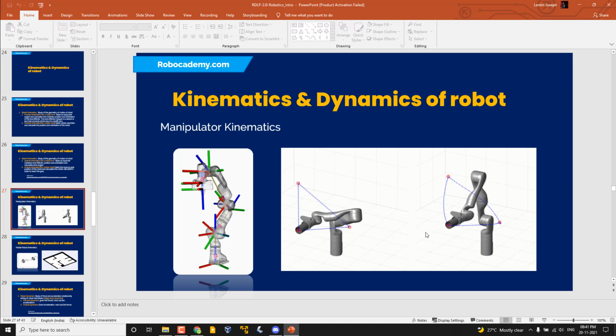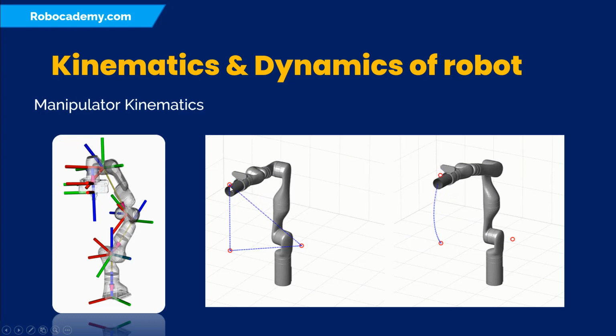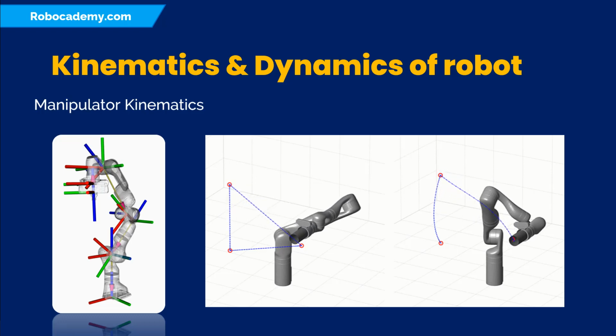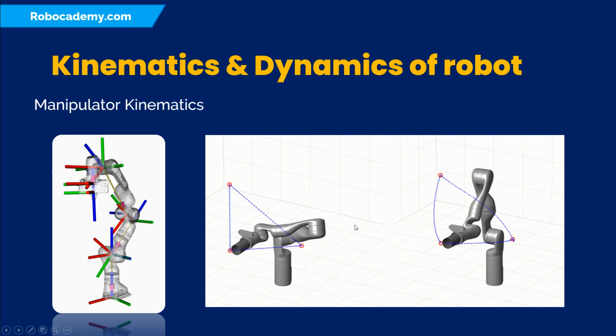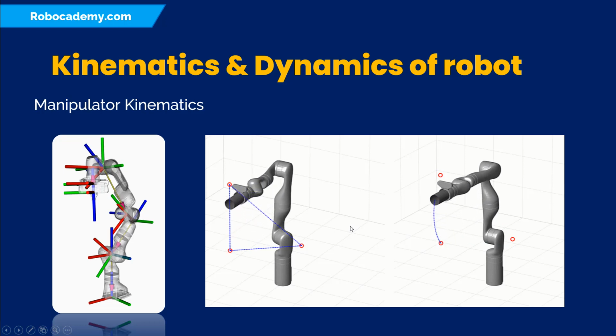We are only giving the end effector position. You can see these dots. These dots are the inputs to the inverse kinematics algorithm, and it will compute the joint values.